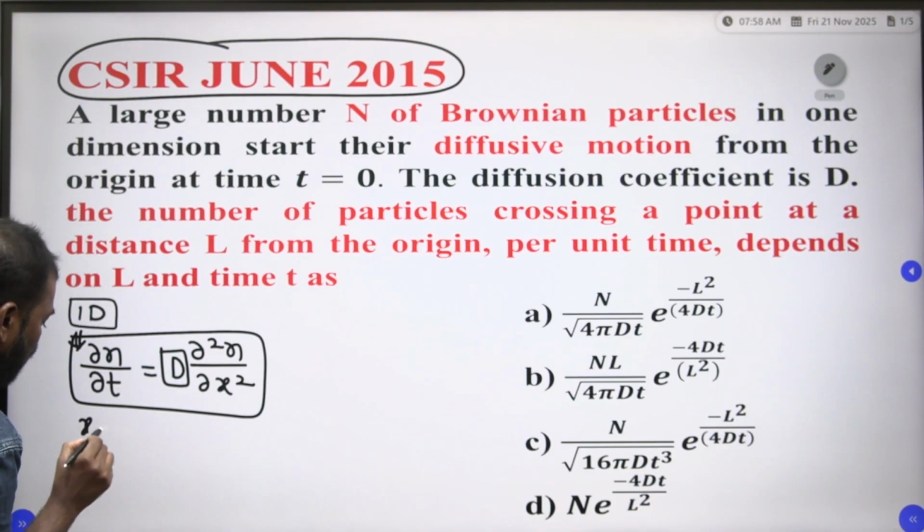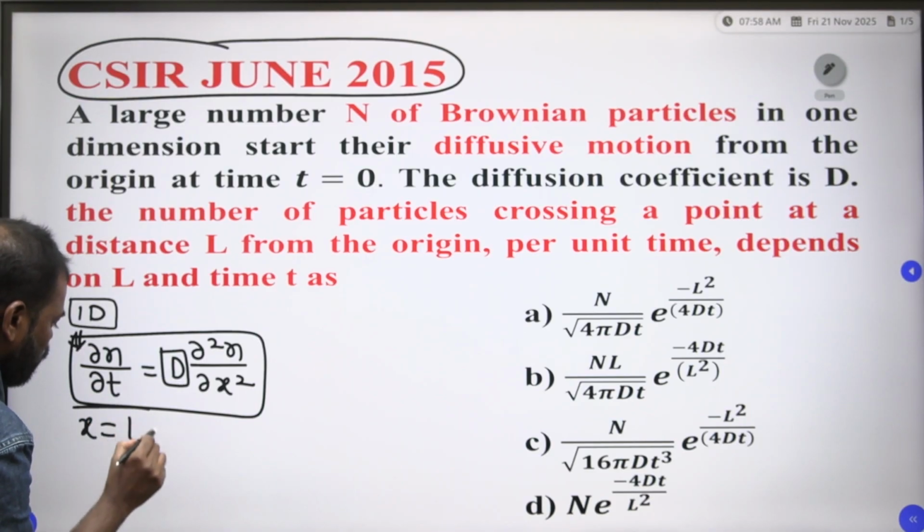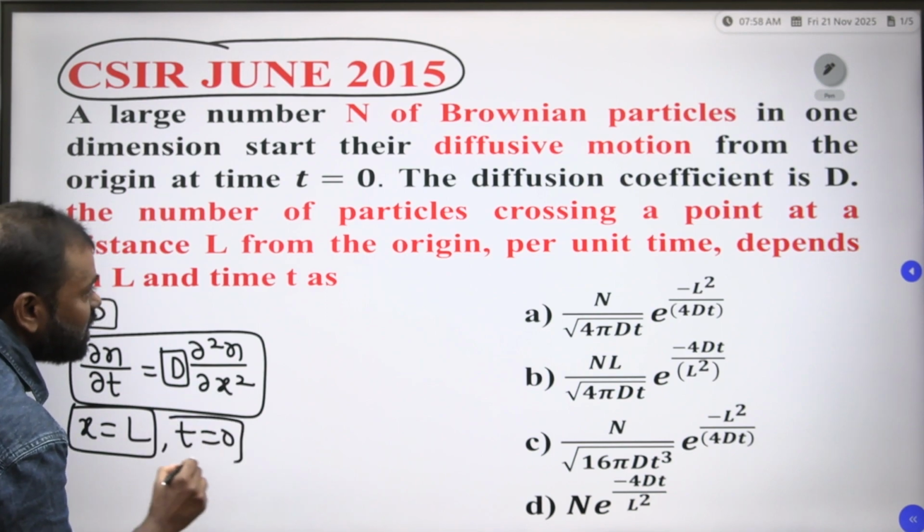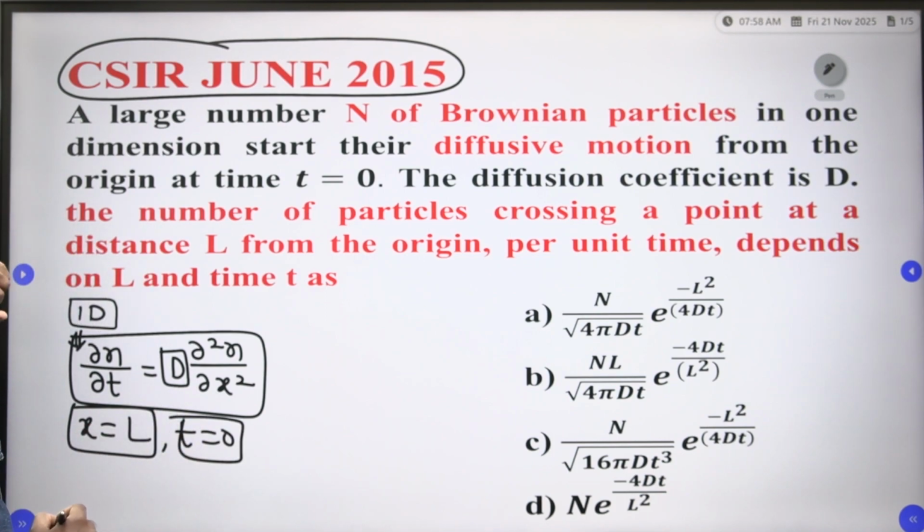So you have to take x = L and at t = 0, the origin, per unit time. It depends on L and t.